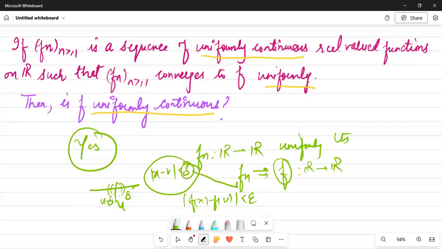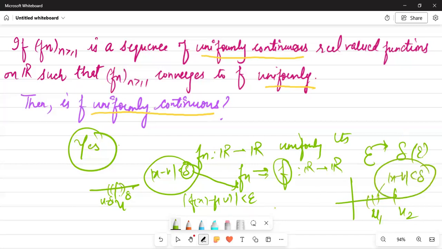This delta depends on your epsilon, but it doesn't depend on your points x and u. The moment you choose epsilon, you get your delta. So no matter what point you choose, if x satisfies this, then this will definitely hold. This is the meaning of uniform continuity.